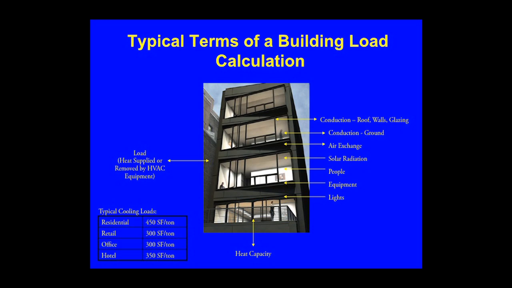But mechanical engineers design cooling systems, and the sizing of those systems is in tons. So this building is cooled, and there's a cooling system that has basically a ton capacity to it, as determined by an engineer and also architect based on the use of the building and how it's put together.